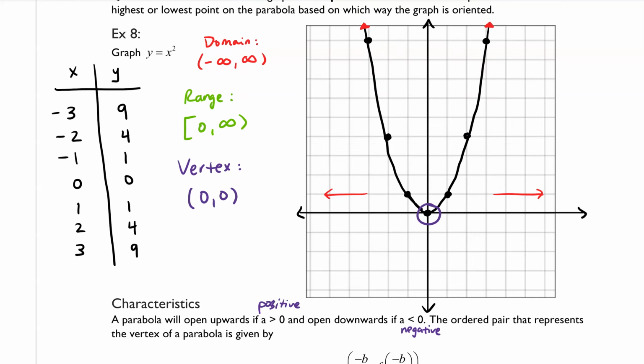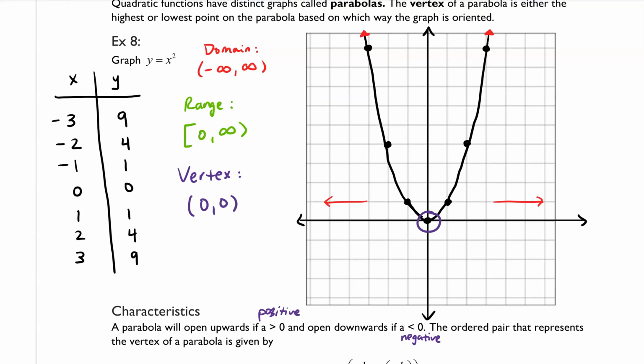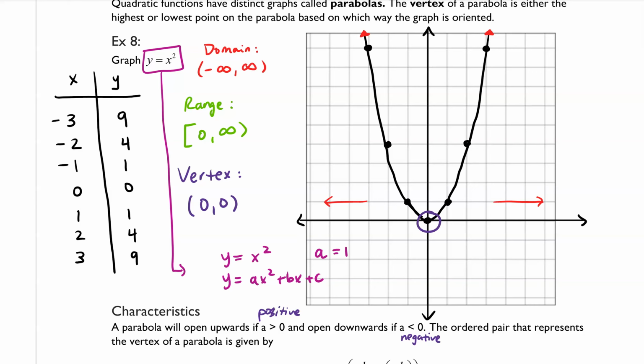So notice I'm going to rewrite this down here. So we have y equals x squared. Our general form is y equals ax squared plus bx plus c. So notice in this scenario, b and c are both 0, and our a value is equal to 1.